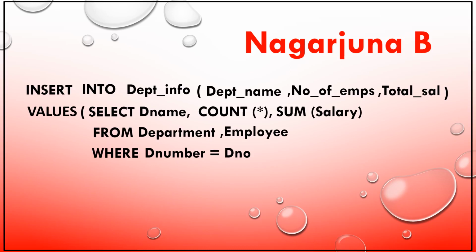Only the tuples which satisfy this condition will be selected. Then write GROUP BY dname. It is essential because the tuples we get should be grouped according to the department name, as we need the number of employees and sum of salary for each department. Then close the bracket, semicolon.